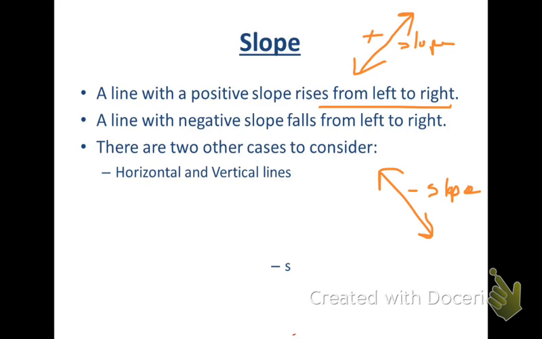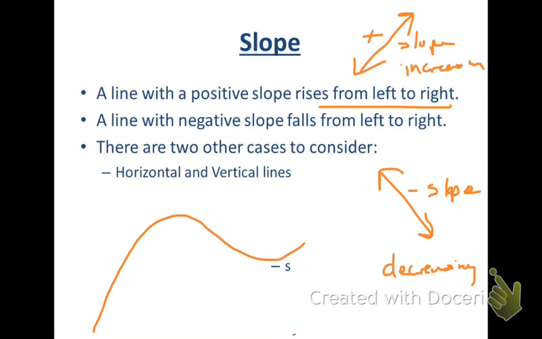Very important concept. In calculus, functions that go this way are said to be increasing functions. Okay, it's increasing if it's going up and to the right. Negative slopes are decreasing functions. Okay, or it's decreasing. Then you can have a function that looks like this, right? Over here it's increasing. In this area it's decreasing. In this area it's increasing.